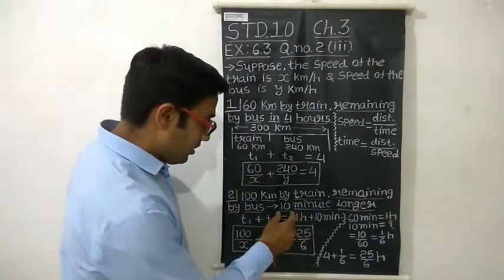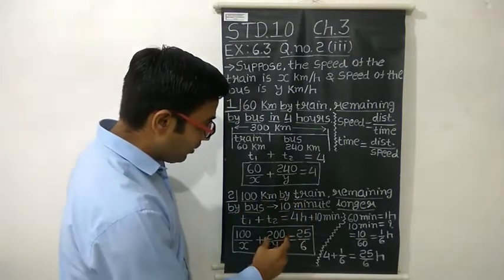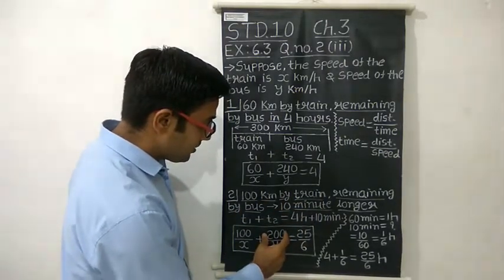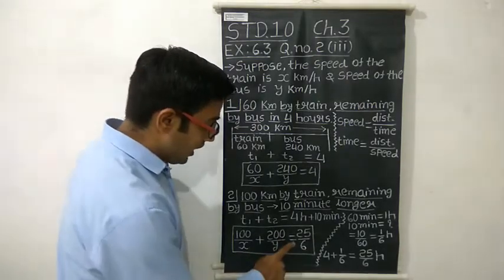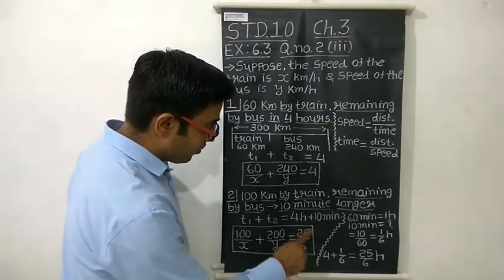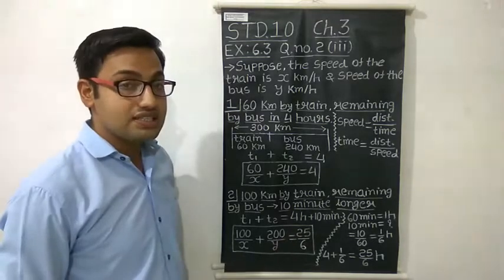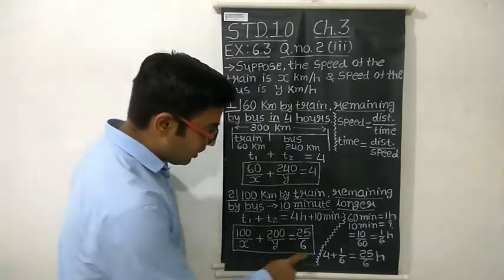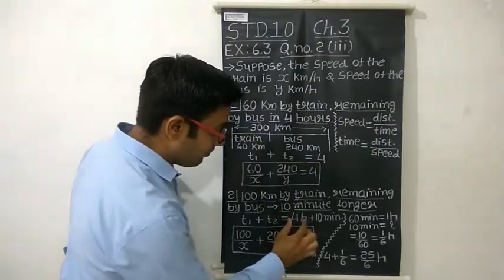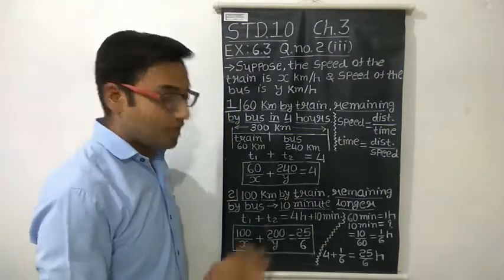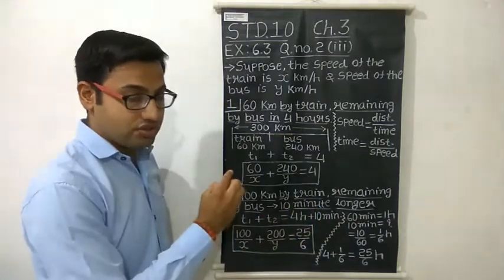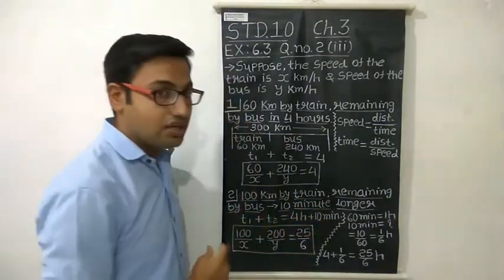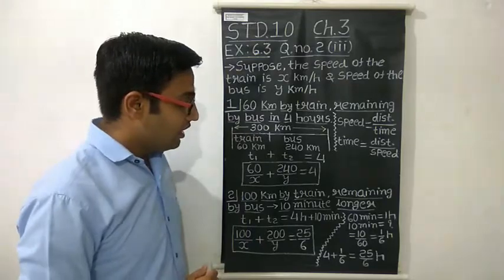For the same, the remaining 200 km is the distance covered by the bus, and y is the speed of the bus, and that is equal to, now the total timing, 25 upon 6 in hours. How to calculate this timing? The total timing we have is 4 hours plus 10 minutes. So we have to convert these 10 minutes into hours. Then we add both these hours. That is why we get the total timing.